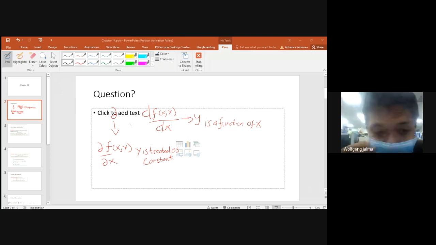So that's the main difference, but basically the same. So we approach it one by one.